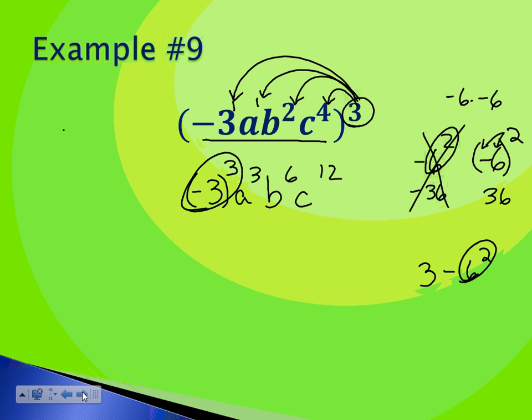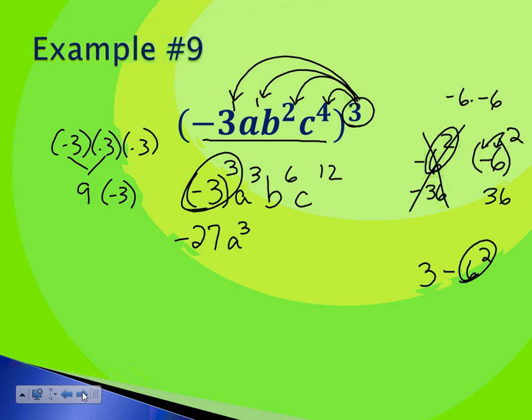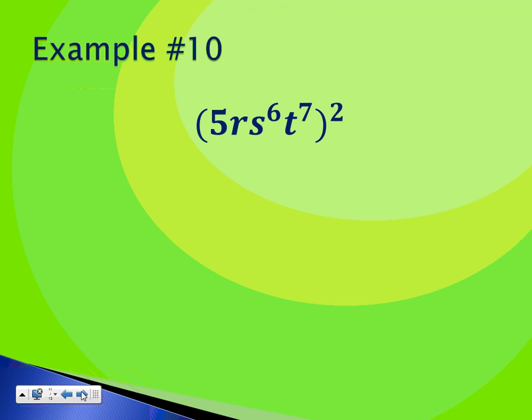But I can do -3 times -3 times -3. -3 times -3 is +9. +9 times -3 is -27. A to the 3rd, b to the 6th, c to the 12th. You are finished. Questions? All right, you try example 10 on your own.